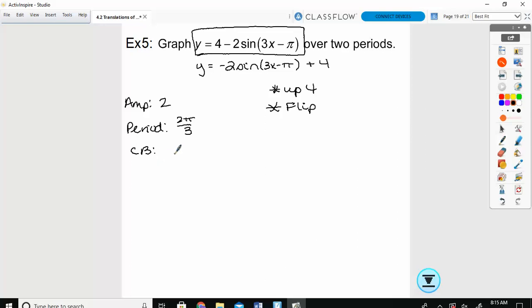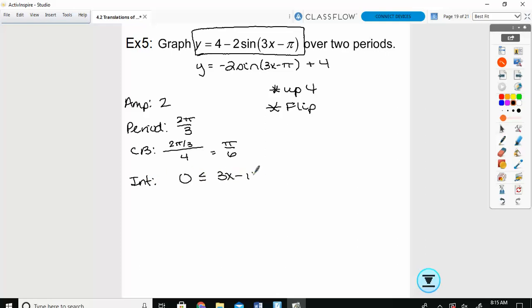Count by. What do we do? Do we need an interval on this one? Yes, you have to have it on this one.